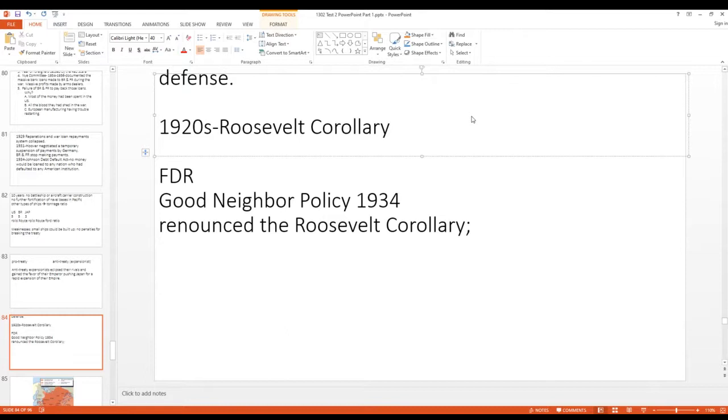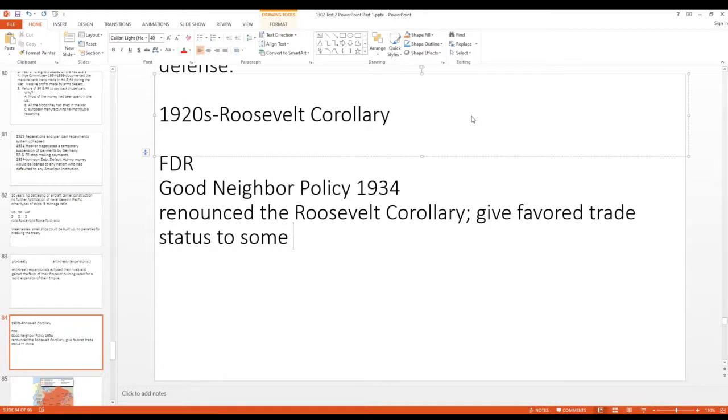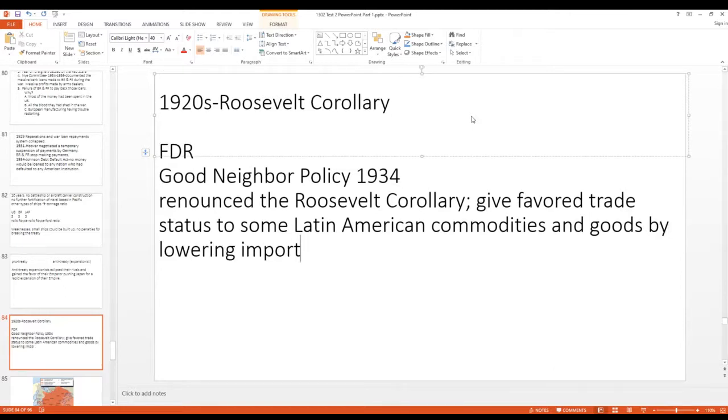And it would, how to put this without getting too complex, attempt to give Latin American nations favored trade status on their commodities and goods by lowering the import taxes on them.